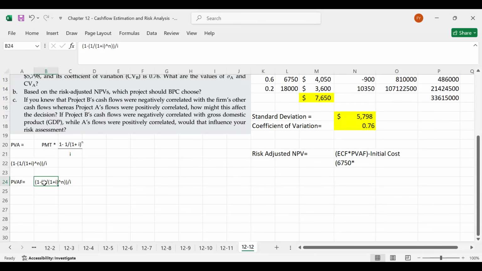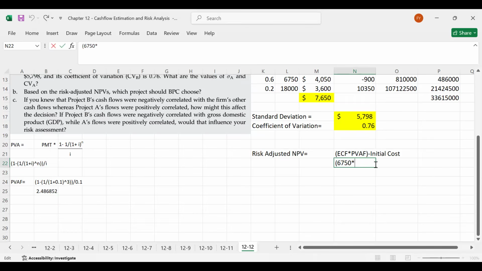Here we have 1 divided by n, where the rate of interest for project A is 10%, which is 0.1, since it is less risky, and n is 3 years, as mentioned in the problem. So here we have the present value of annuity factor, which is 2.486.